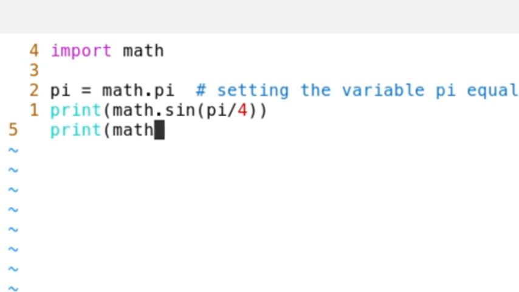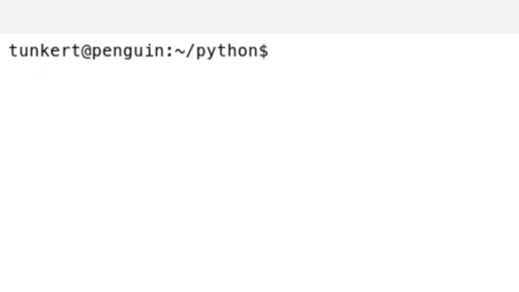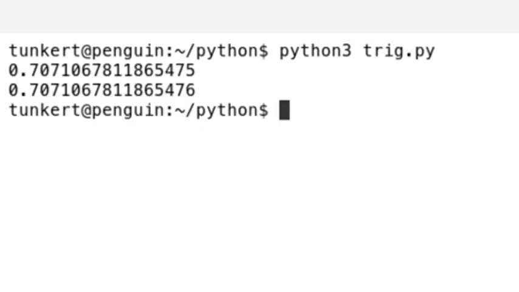We can also find the cosine value of pi fourths, which is going to be the same exact value in quadrant 1. All right, so let's run this with python3 and the name of the file, trig.py, and we see we get the same value for both there. Okay, so that's pretty neat.